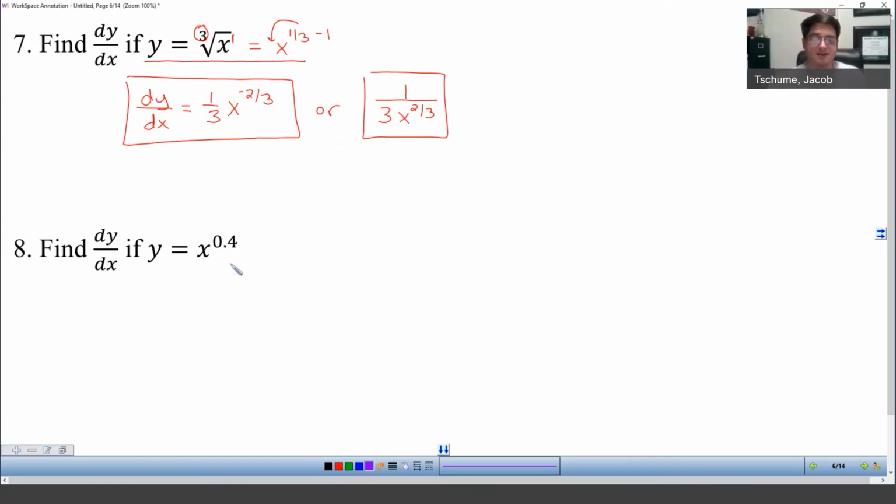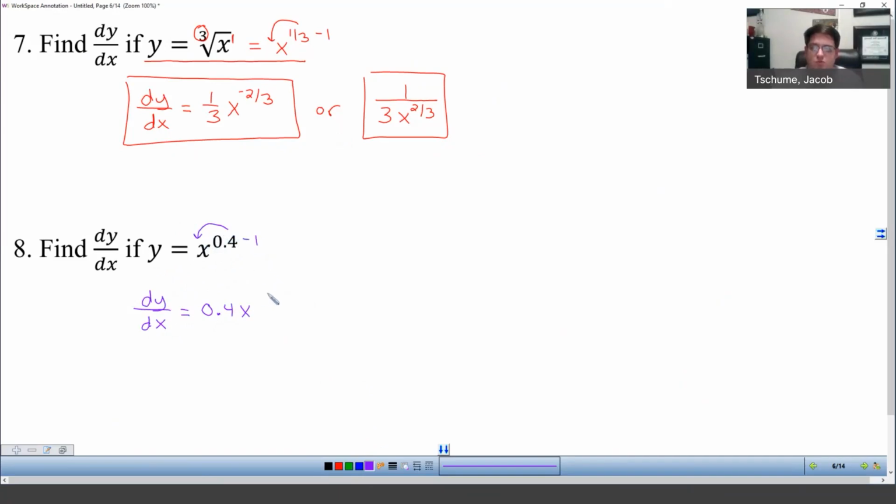Now, number 8, the derivative we probably could have done here a few minutes ago, but we wanted to make sure y'all are comfortable rewriting this. So if y is x to the 0.4, find dy dx. Now, this is already in the form that we can take the derivative of. So I'm going to take my power and bring it to the front. So that would be 0.4, leave the x alone.